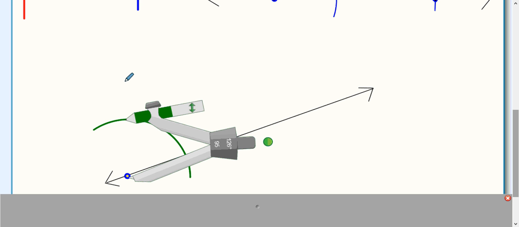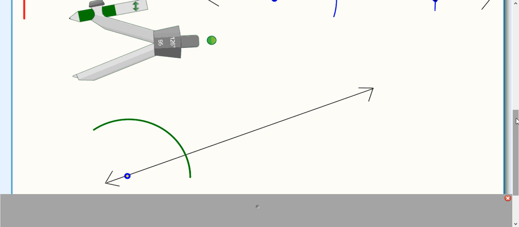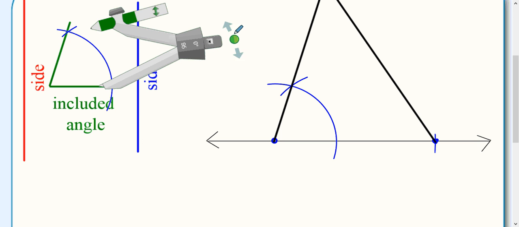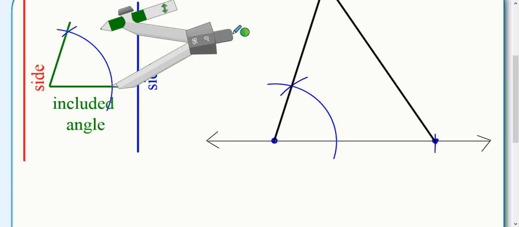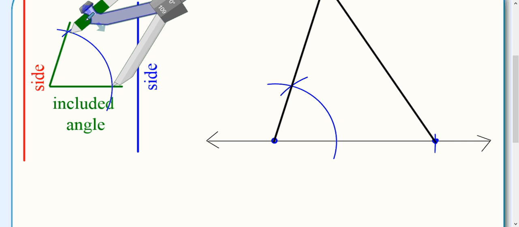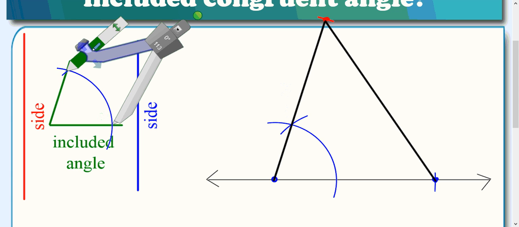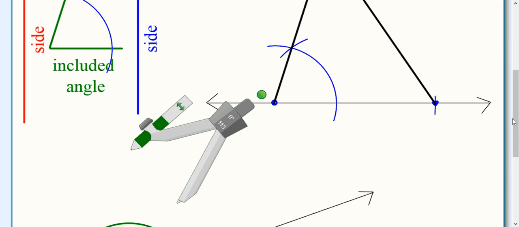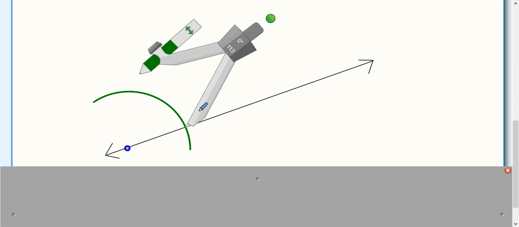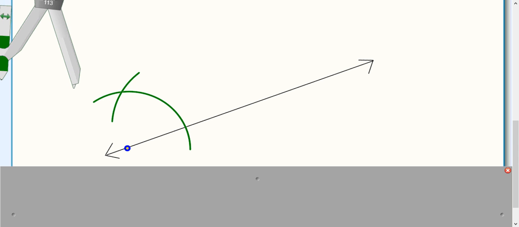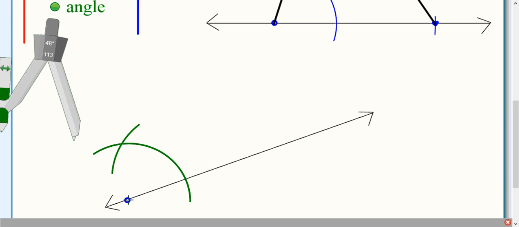Copy that onto our point, and then measure the opening of that angle and copy it down here. So our angle has to go that way.